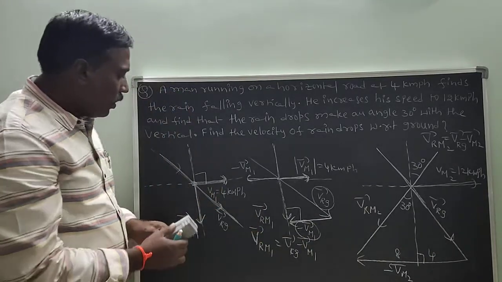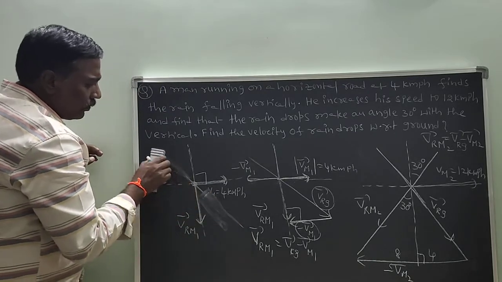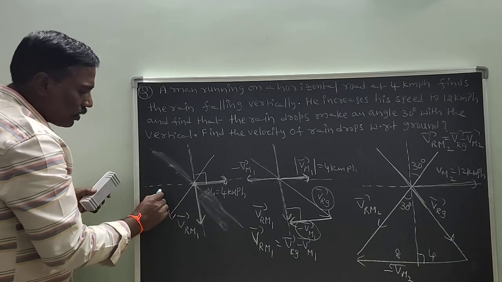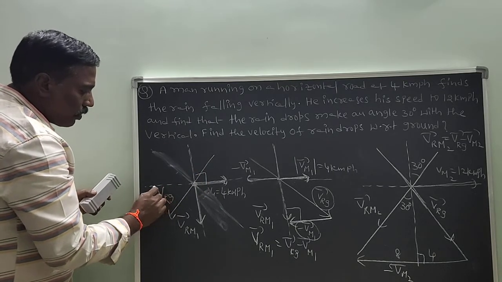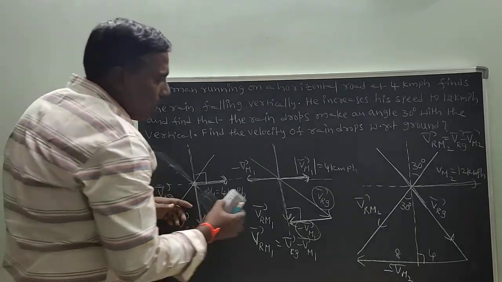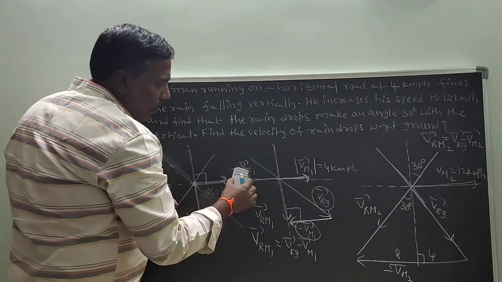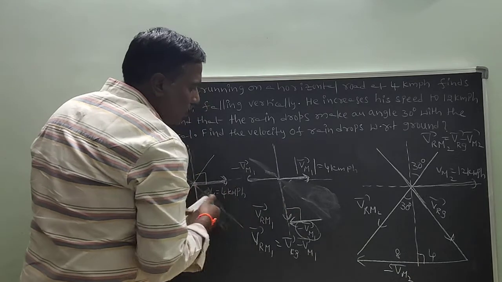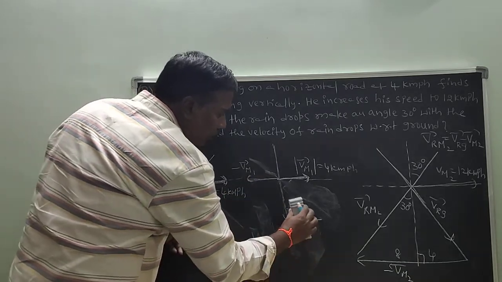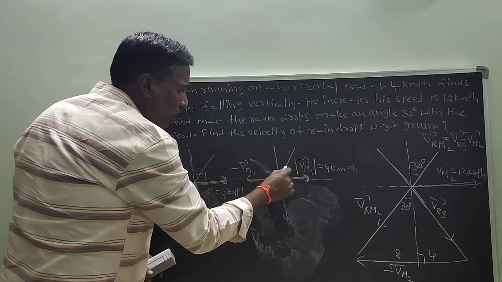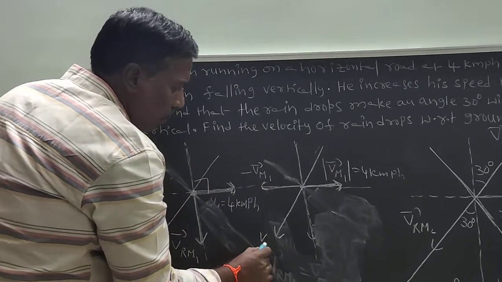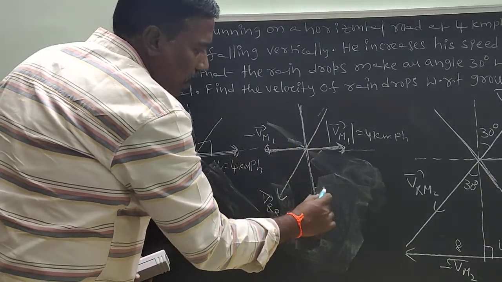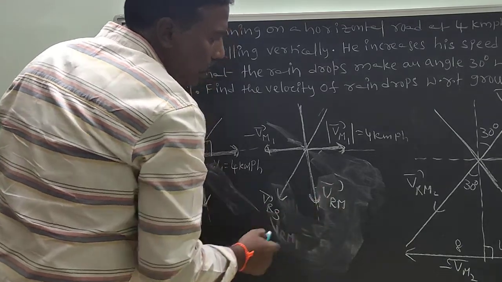Suppose the velocity of rain with respect to ground is taken in this direction, what happens? Velocity of rain with respect to ground is in this direction. Here velocity of man is Vm1 bar, and this is minus Vm1 bar. When velocity of rain with respect to ground is like this, this is Vrg bar, this is minus Vm1 bar, this is Vrm, velocity of rain with respect to man.